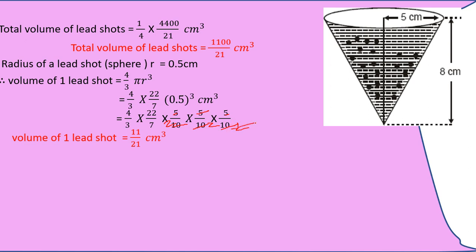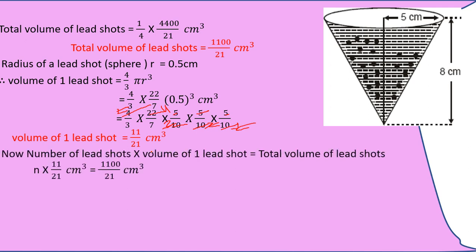This 2 divides 22 eleven times. Again this 2 divides this 4 two times, and again this 2 divides this 2 one time. So here we get 11 upon 7 threes are 21 centimeter cube. So this is the volume of one lead shot.